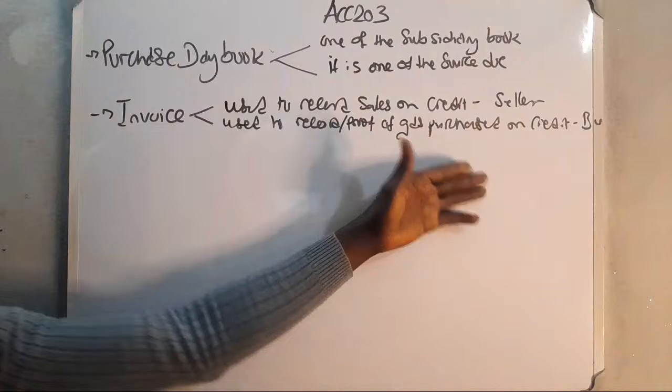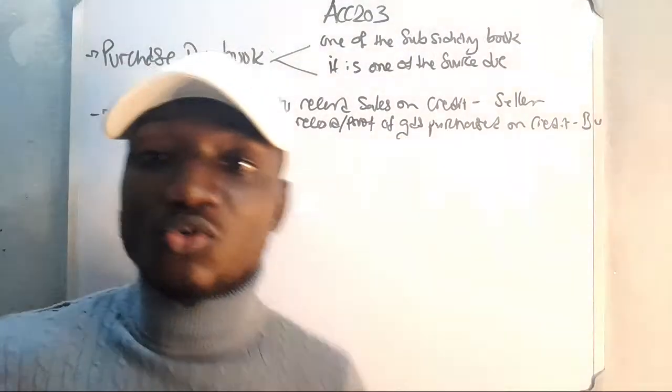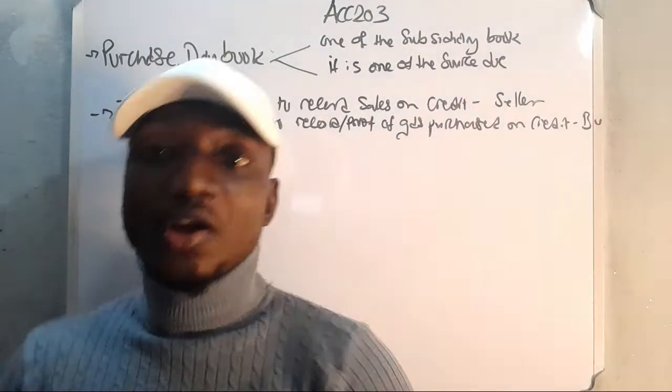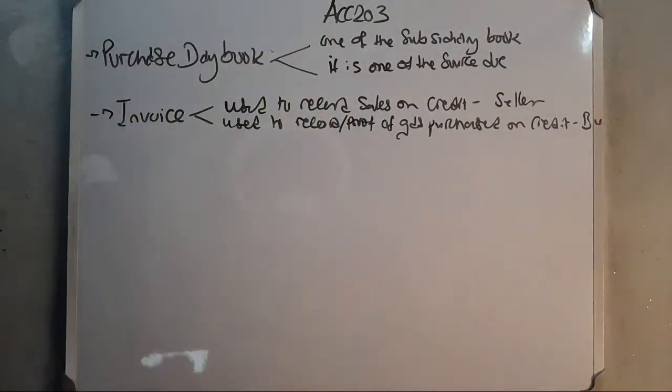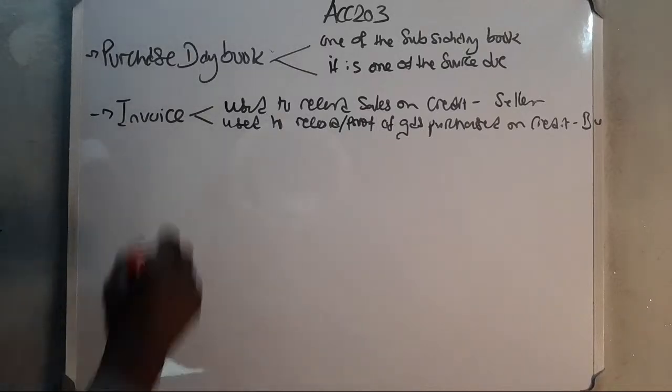While on the side of the buyer, I bought some goods from a certain venture on a certain date that I'm yet to pay for. To the seller, the invoice is used to prepare the sales day book. So let's note this: these documents can mean different things to different people.